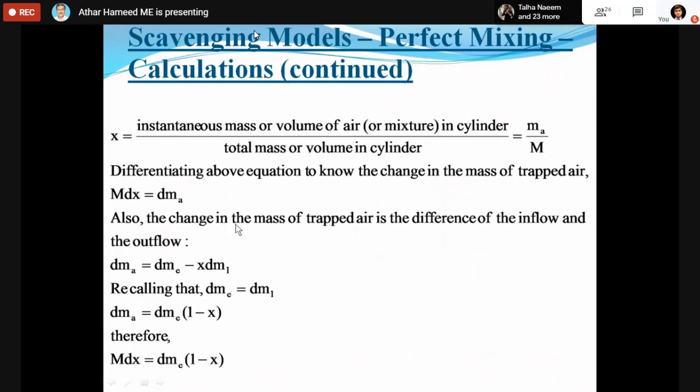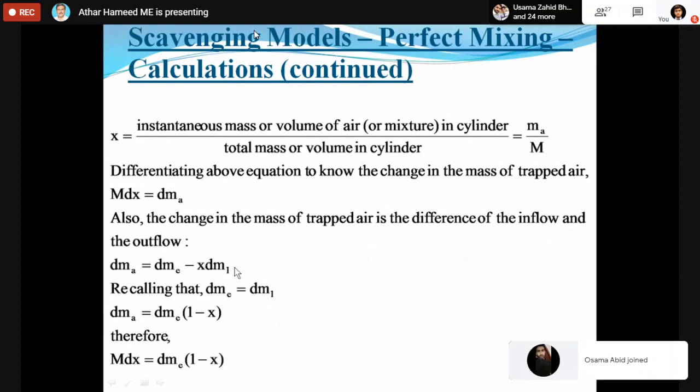Also, we should know that the change in the mass of trapped air is the difference of the inflow and outflow. How much the trapped air changes is the difference of the inflow, whatever is getting in, and the fraction going out. That is dml multiplied by the instantaneous fraction, whatever is going out.